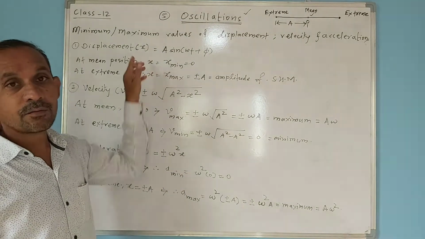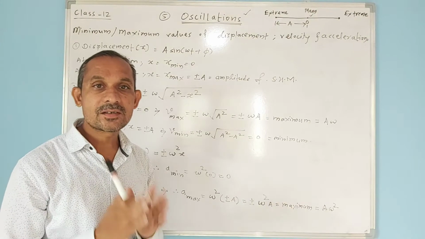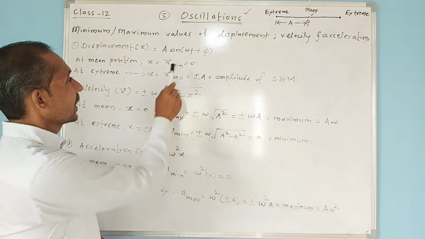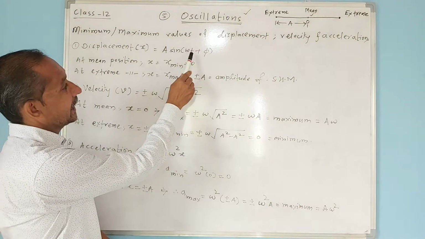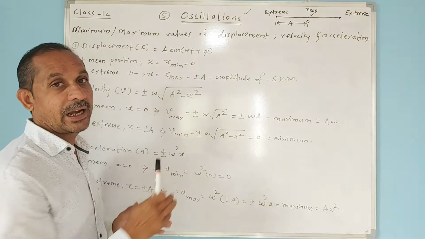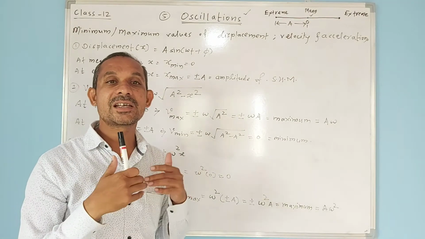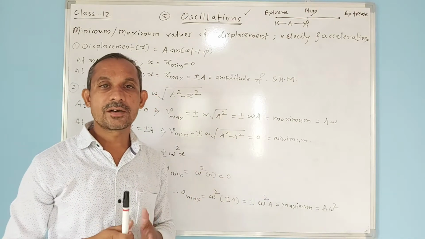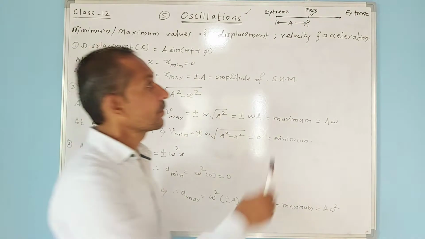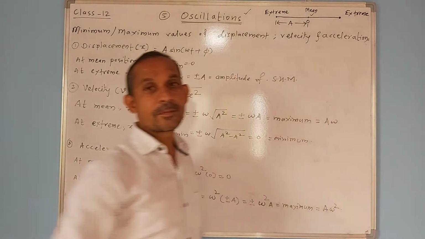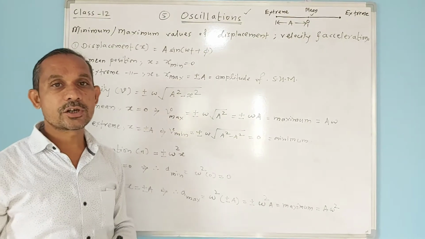From this formula we can find the displacement of the particle at any instant of time t, and the particle may start its motion from any position in this simple harmonic motion.